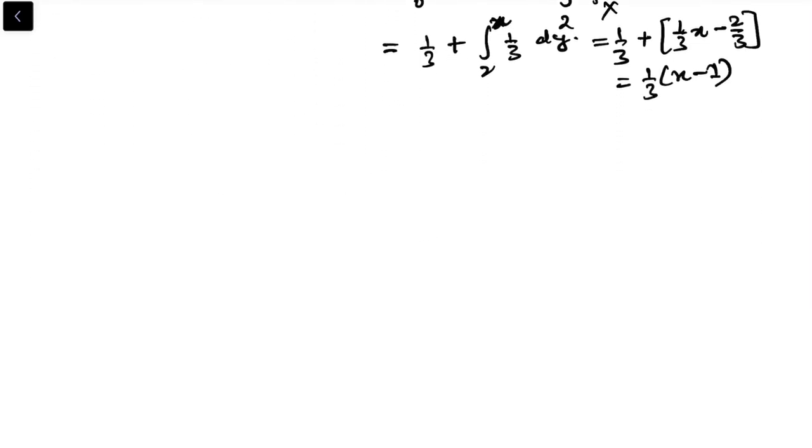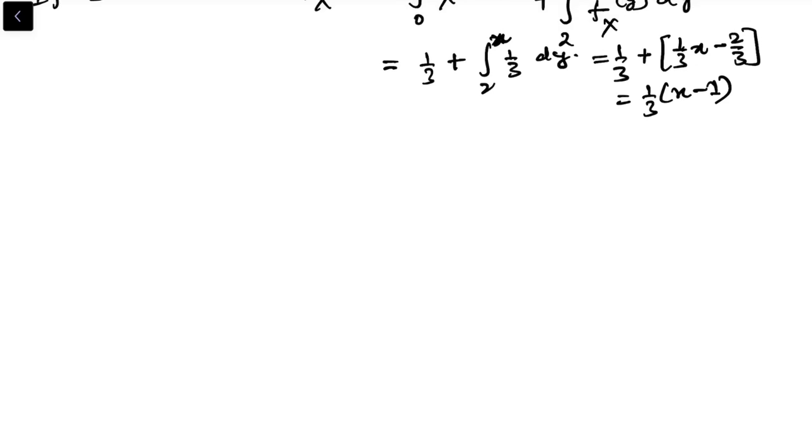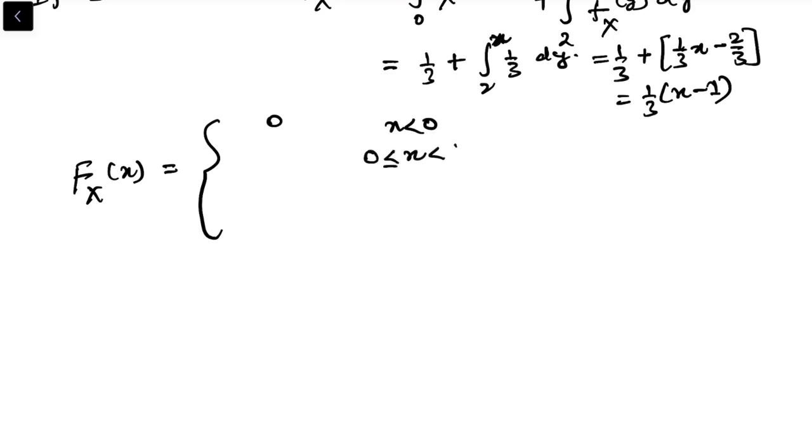So now there is a standard representation of CDF, so we need to write in a standard manner. So when x is less than 0, CDF is 0. When x is greater than or equal to 0 but less than 1, CDF is 1 over 3x.